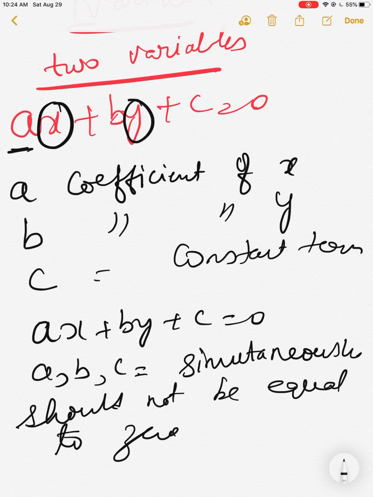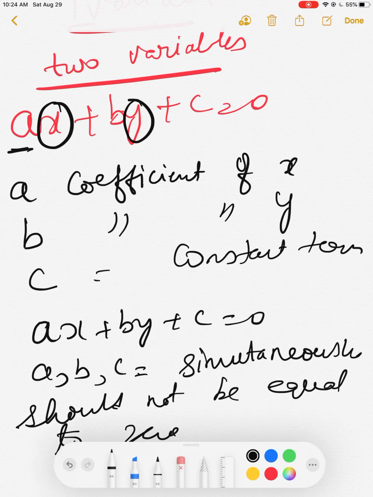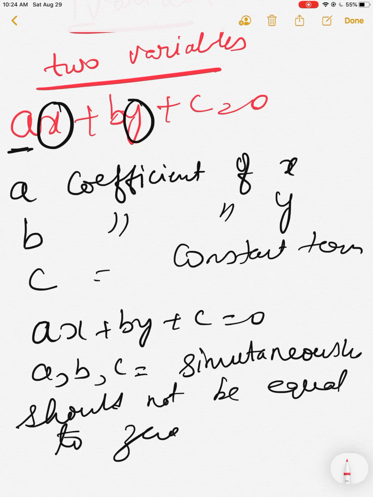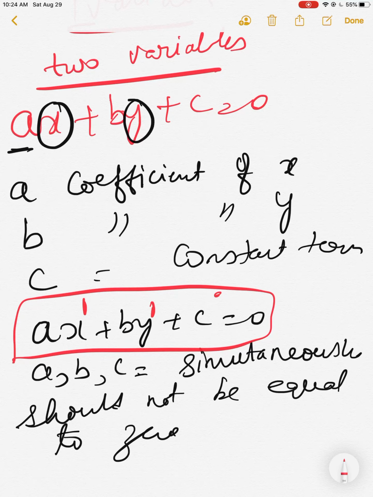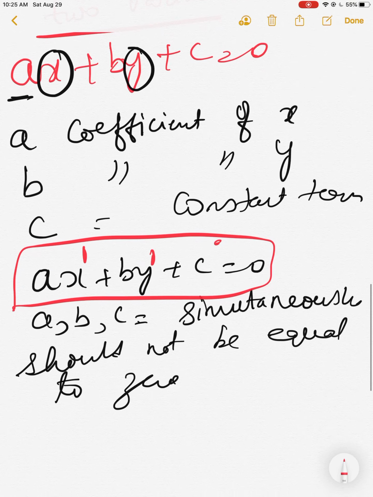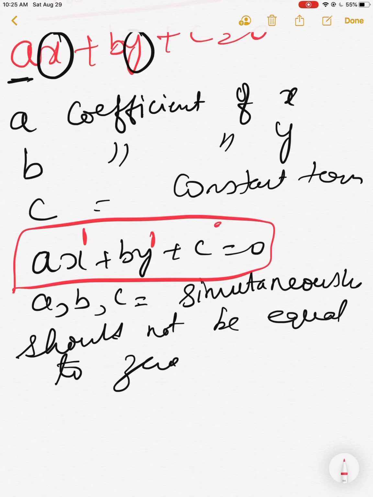Now if you take the x power, the degree is equal to 1; the y power is equal to 1; for c, I already told you the power is 0. So here what is the maximum power? 1. What do we call the maximum power? We call it the degree. The degree is equal to 1, that is why it is called a linear equation, or also called a polynomial.